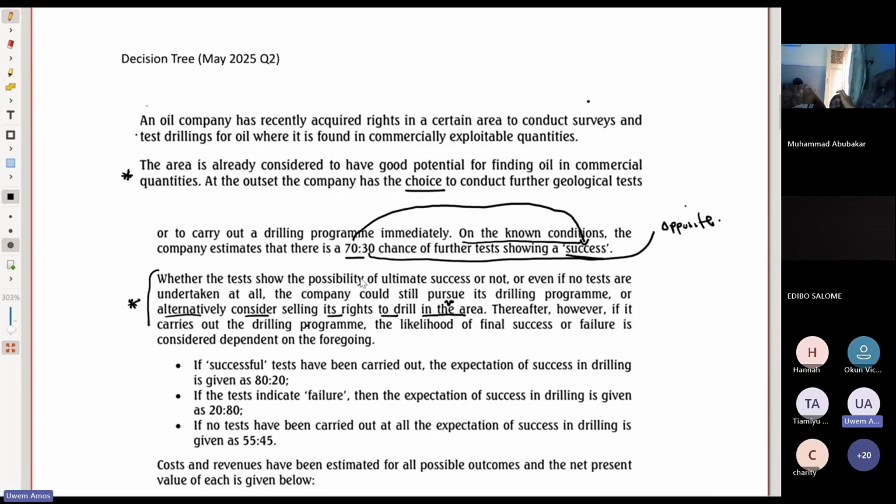Whether the test shows the probability of ultimate success or not, or even if no tests are undertaken at all, the company could still pursue its drilling program or alternatively consider selling its right to drilling in the area.